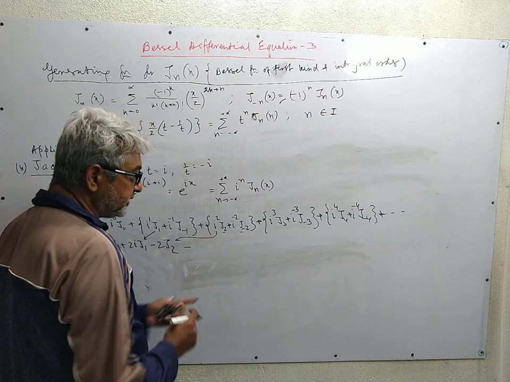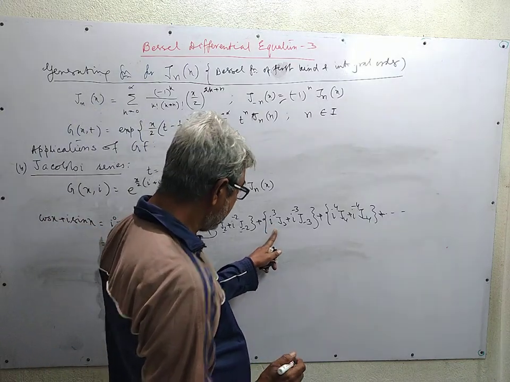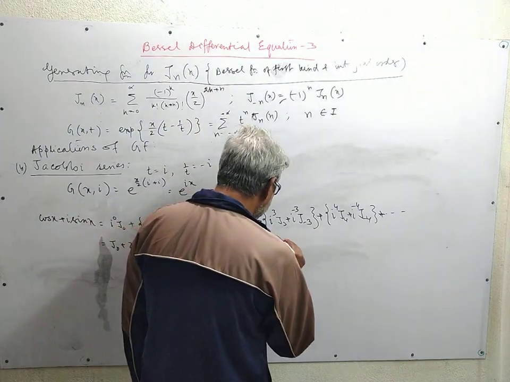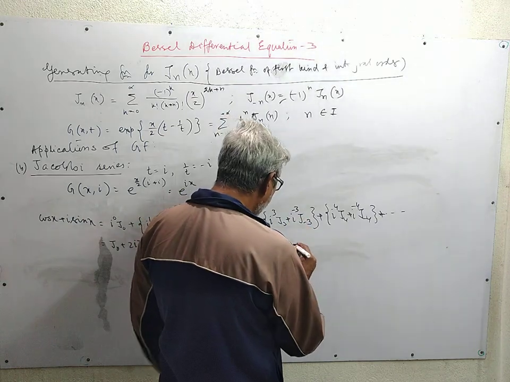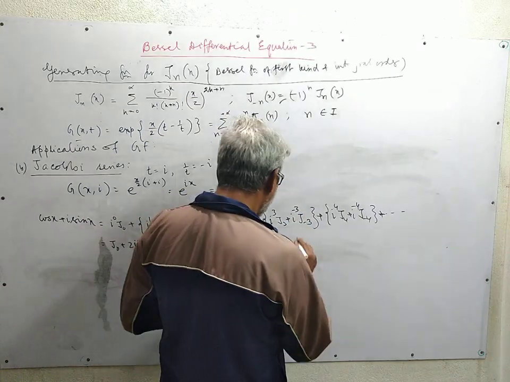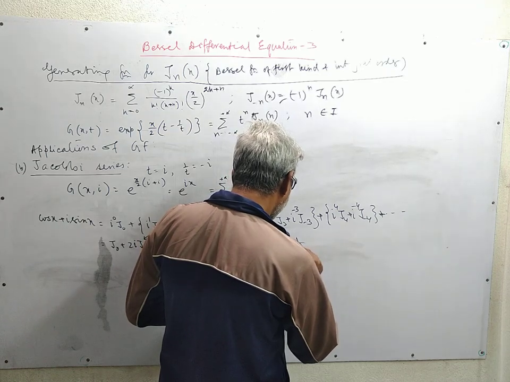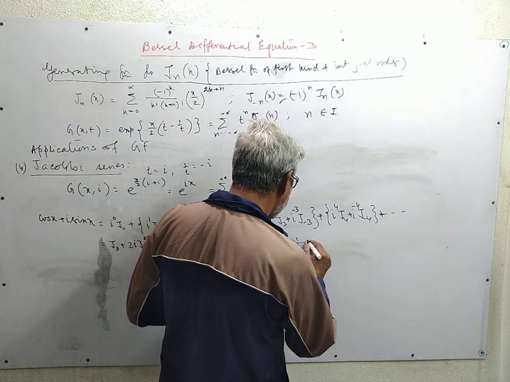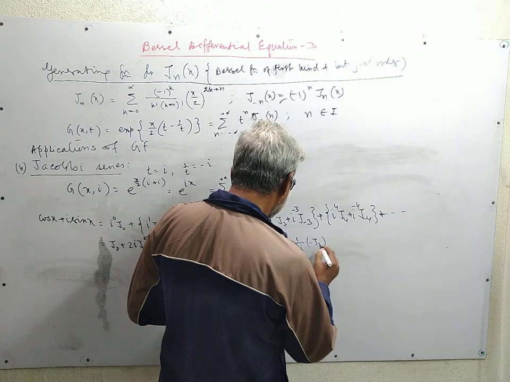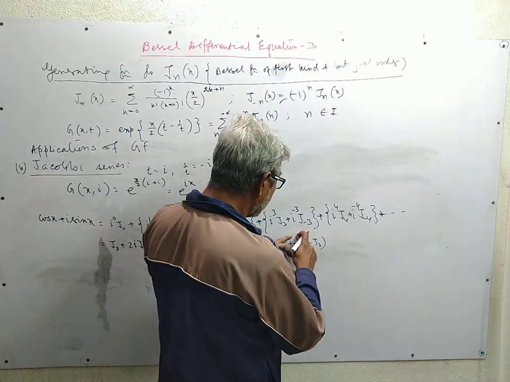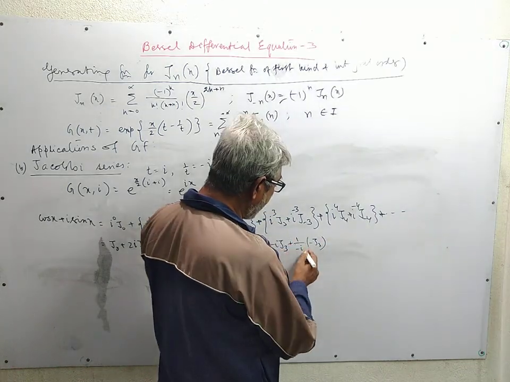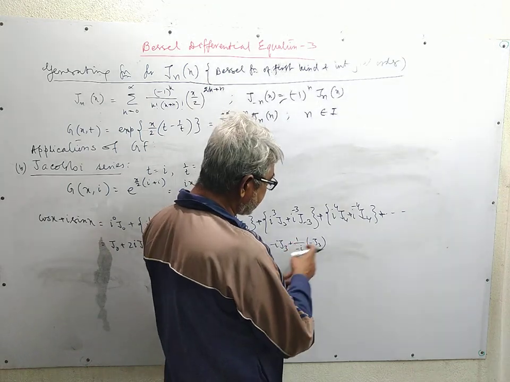Then this term, this is minus i. This is minus i j3, and this is 1 upon minus i, so plus 1 upon minus i, and this is minus j3. When i comes on the numerator, this becomes plus and this is minus.